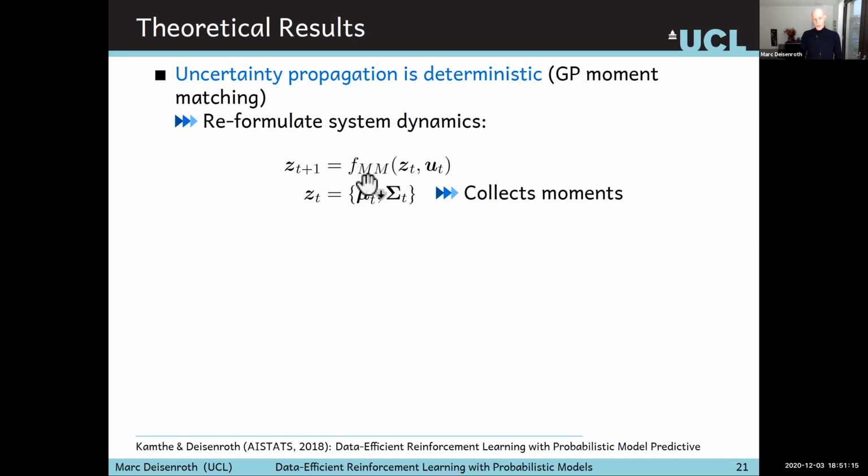Then we have a deterministic mapping that takes the moments at one time step and the control signal and maps them to the moments of the next time step. All of this is deterministic.